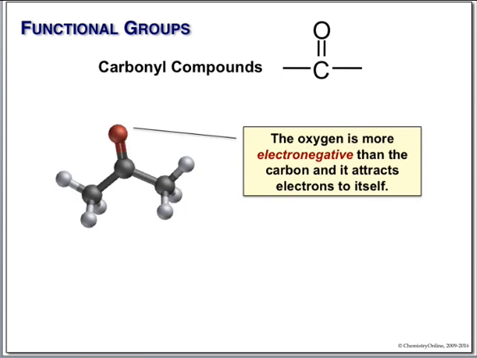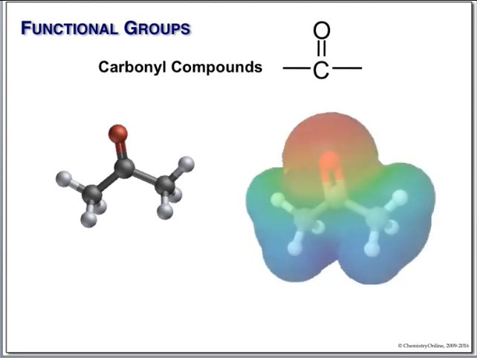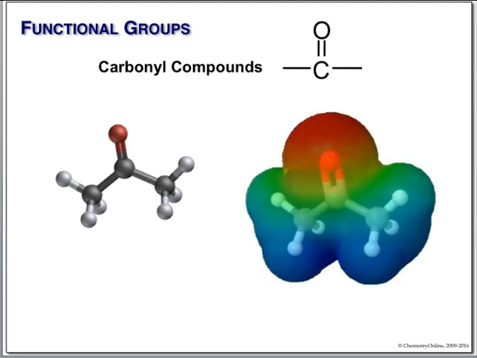Carbonyl compounds form really the heart of organic chemistry because they are so very reactive. Remember we talked about electronegativity. Oxygen is more electronegative, so it tends to suck the electrons up this way. We wind up with a big red oxygen and kind of a blue carbon. That means that we can add things with electrons to this carbon.